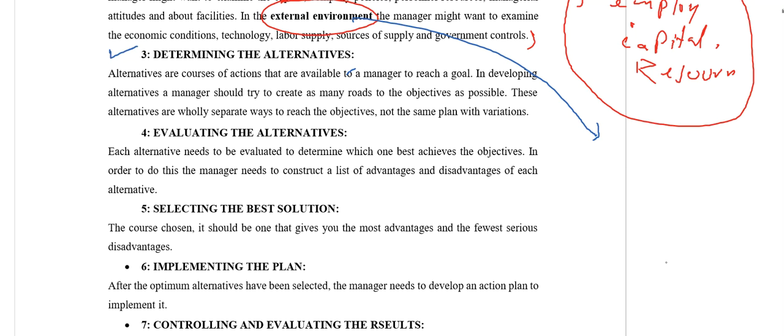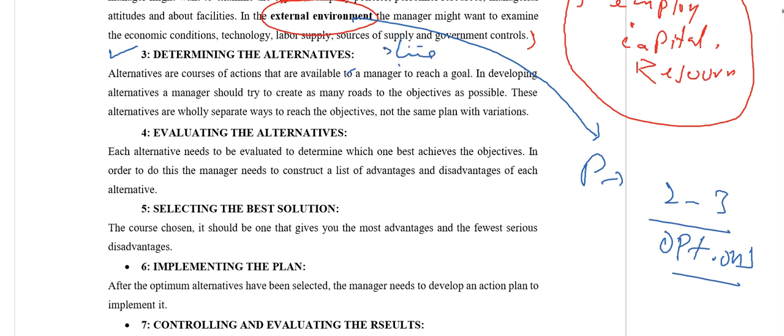Alternatives means if there is a problem, we can find 2-3 options, which are called alternatives. If we have different options 1, 2, 3, we have to evaluate which option we should pursue and select.